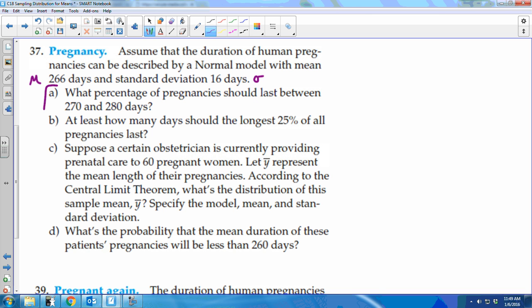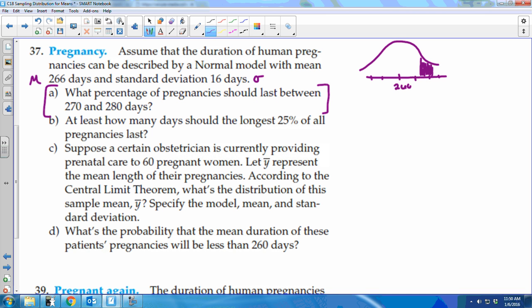If I want to find the percentage of pregnancies that should last between 270 and 280 days, what am I going to do? Normal CDF. I'm going to calculate a probability. So I can draw the model if I want to. It's got a center at 266 and a standard deviation of 16. Right? I want between 270 and 280, so somewhere in there.